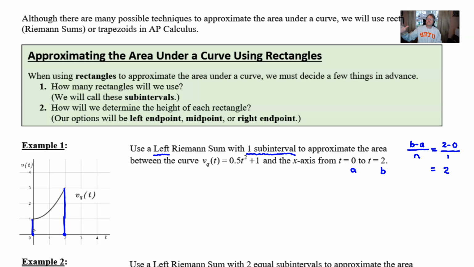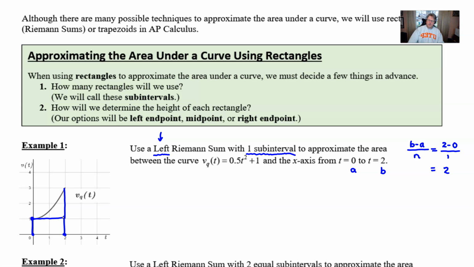The problem is the height. How do you determine the height? Well, that's where you have to look at the type of Riemann sum you're going to be taking. In this case, a left Riemann sum means that the left side of this rectangle, which is going to occur at this point here when we reach the curve, is going to serve as the top portion.